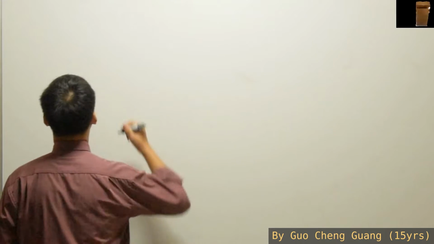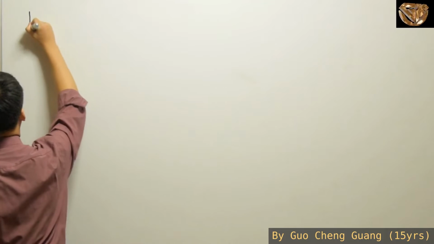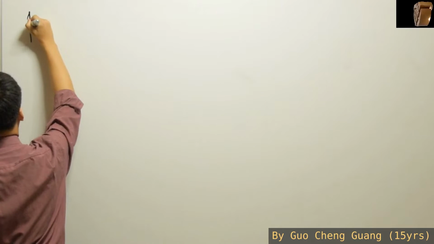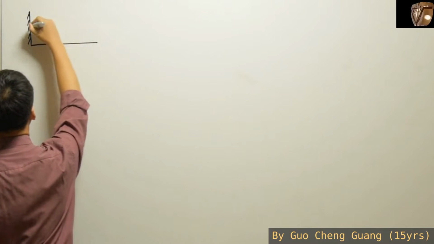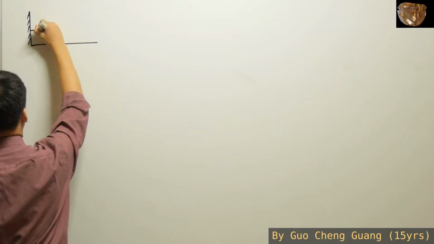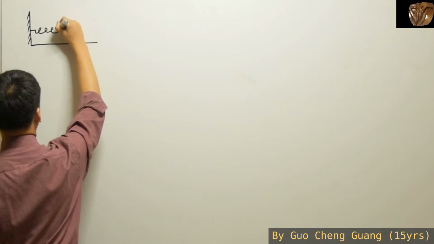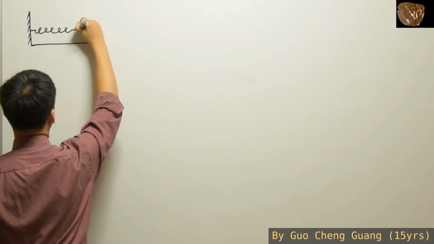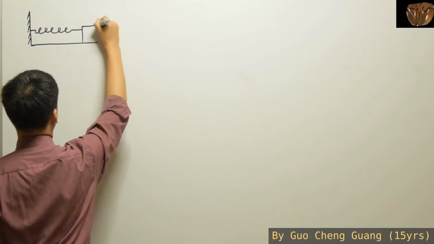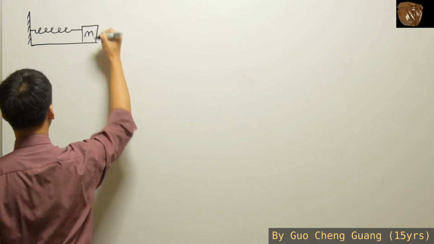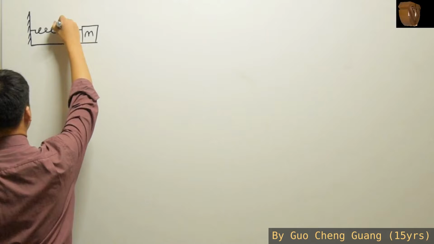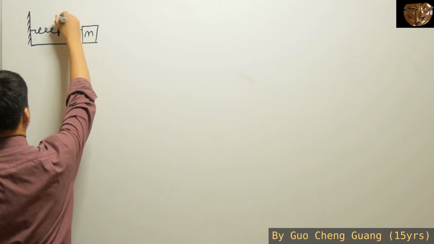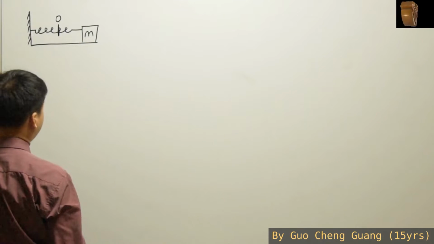So let's just say you have your wall over here, you have your floor, and you have this spring. Alright, so this spring is pulling a mass. And let's say at first this spot over here is its original length, alright?